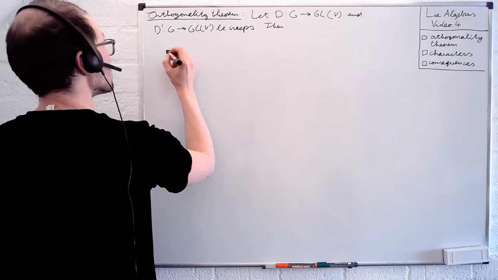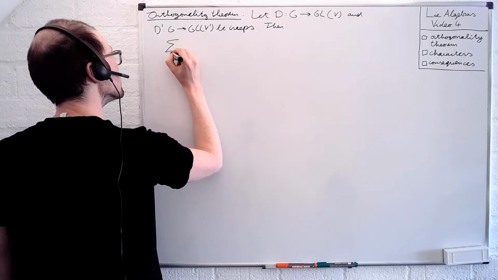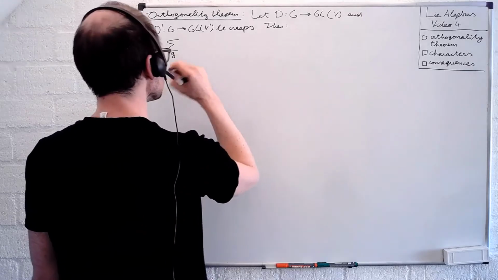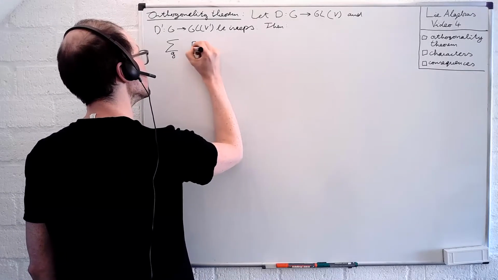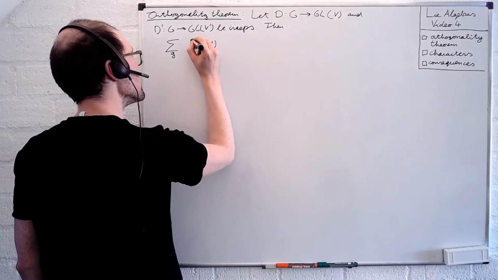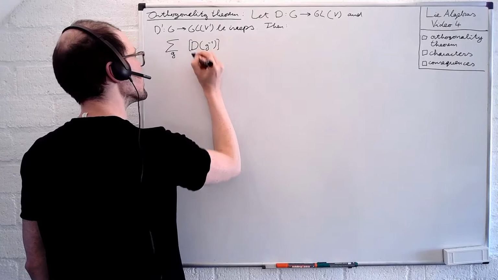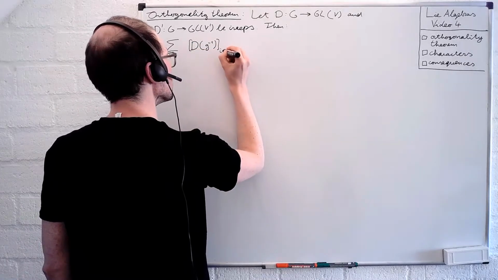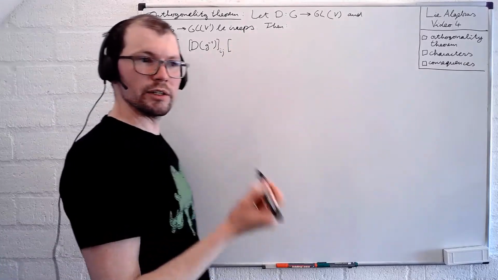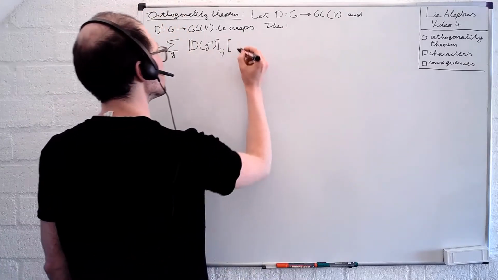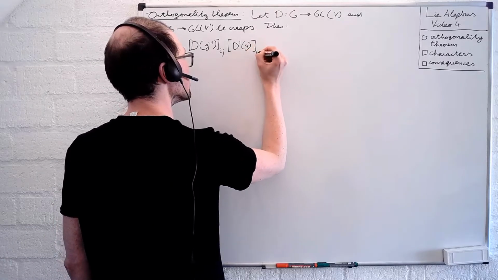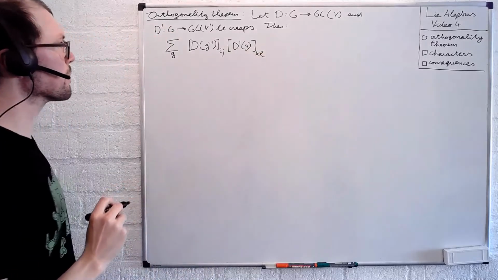So if I take the sum over all elements in the group of the following product, so D of the inverse element of g, and then I look at the matrix element ij, multiplied with another matrix element of D prime, so D prime of g, kl.